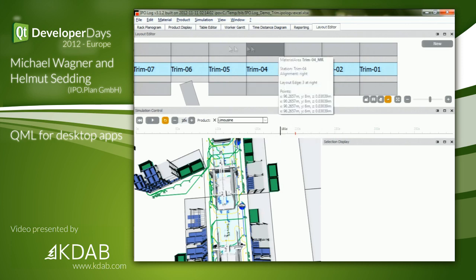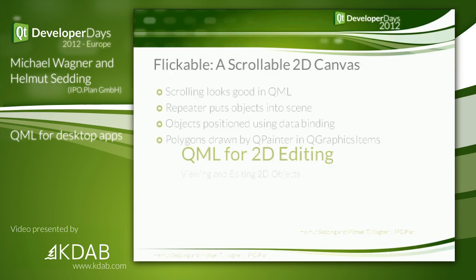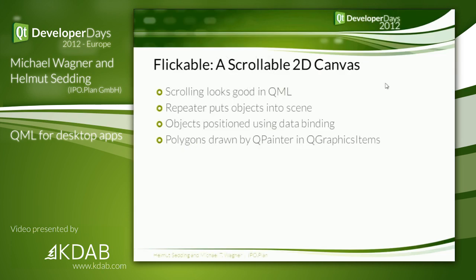Essentially, this is a big Flickable, which is a QML element that allows you to scroll horizontally and vertically and put lots of items in it. And here we use the repeaters again with object list models in the background.